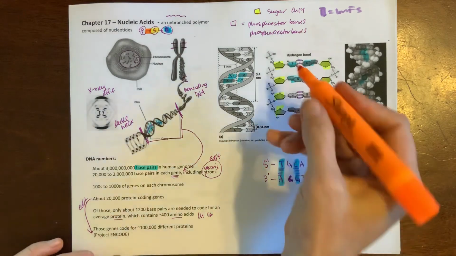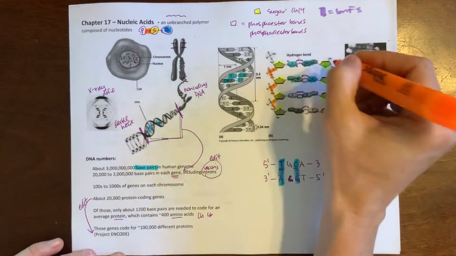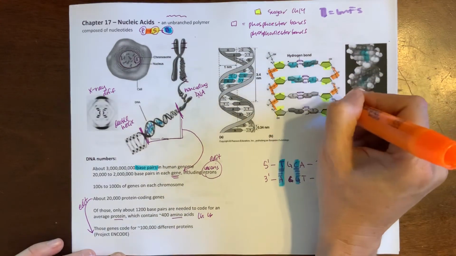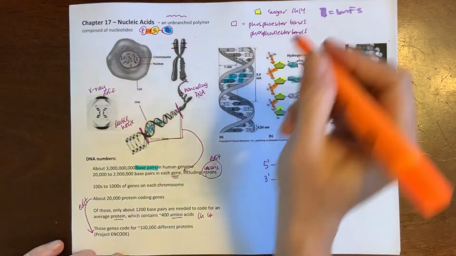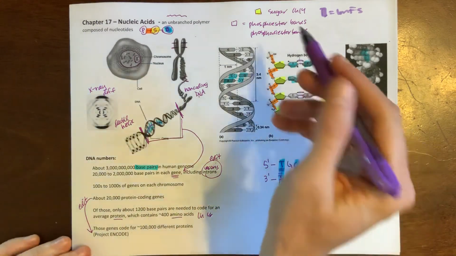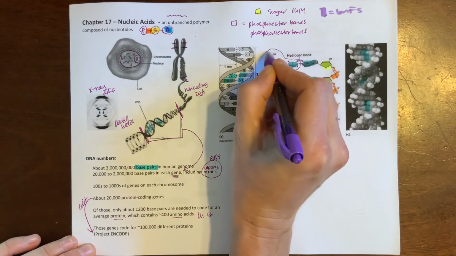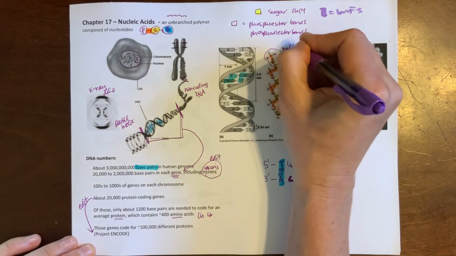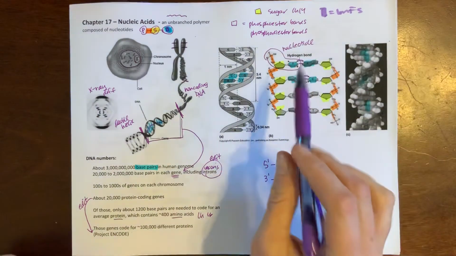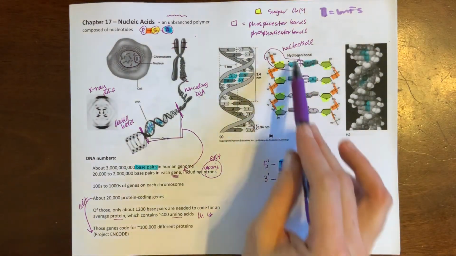But basically we have sugars that are connected with phosphates in the backbone of my nucleic acid. And then some of them are only connected in one direction. So here's that nucleotide: phosphate, sugar, base. Here's a phosphate, sugar, base. There's a nucleotide. And it's that over and over and over again with just variation in the bases.